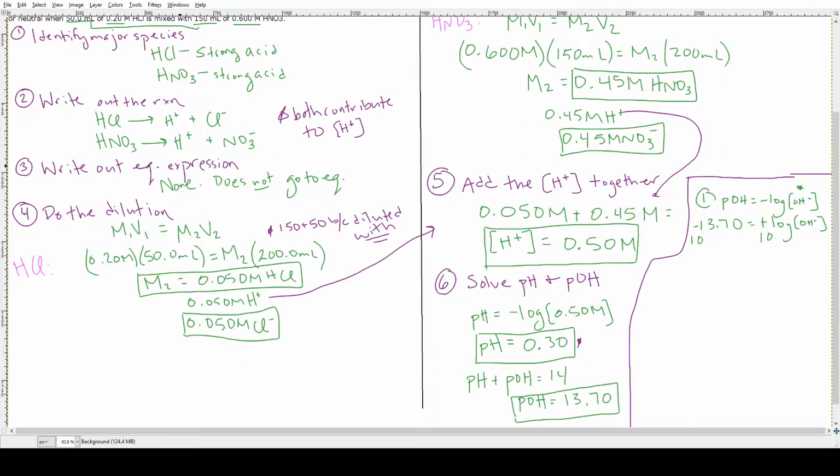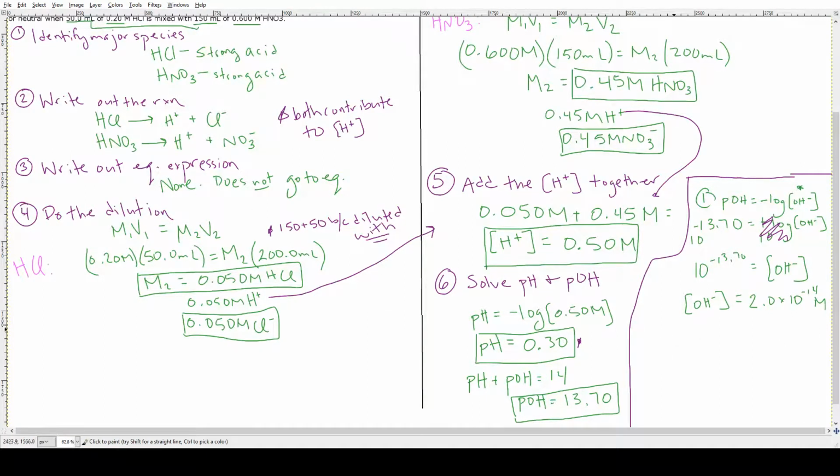So I end up with 10 to the negative 13.70 is equal to the concentration of hydroxide ions. And our concentration of hydroxide is equal to 2.0 times 10 to the negative 14th molarity.